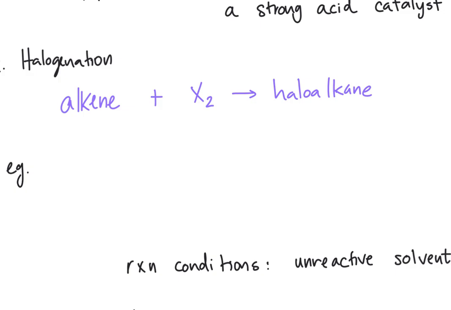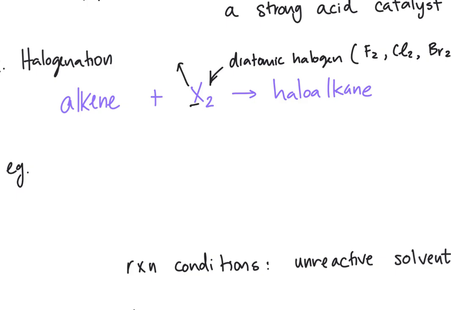So what you're looking at here is a diatomic halogen, and all your halogens are diatomic. So F2, Cl2, Br2, and I2. The X here refers to a halogen, which can be F, Cl, Br, or I. But it's always in its diatomic form.